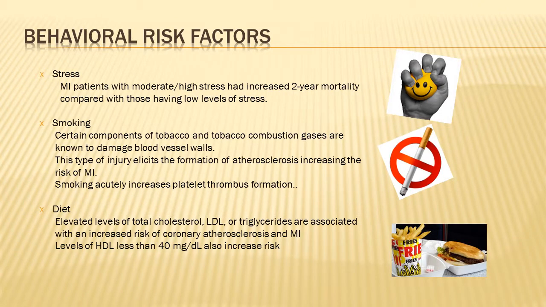Behavioral risk factors, which I just mentioned: stress is pretty high up there for MIs, and then smoking and diet. Smoking is probably higher, and these are all ones that we can control and change to decrease our risk.